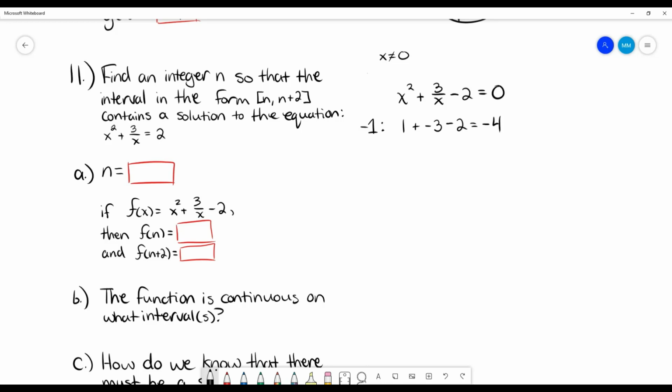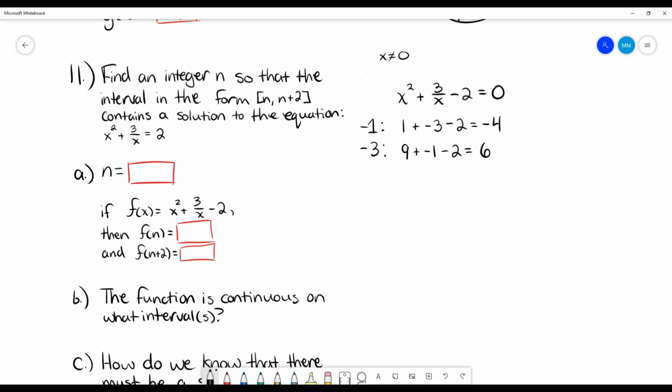And obviously we can't include 0, so let's try going back from that, because we see that's an n plus 2. Let's go down to -3 and see what that gets us. So -3 is going to be 9 plus 3 over -3 is a -1, minus 2, is a +6.